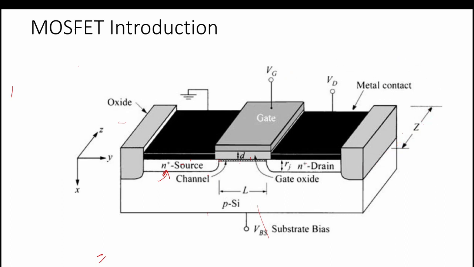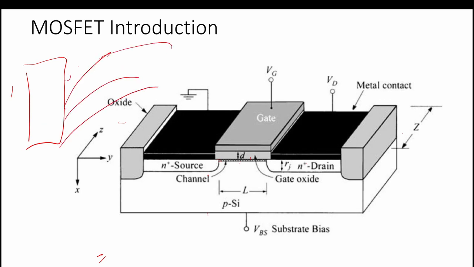So what I showed you is the creation of the channel. There are so many electrons, or we can say an electron gas, at the interface. The electron gas at the interface is the channel. This is what you need to know for the working of the MOSFET.